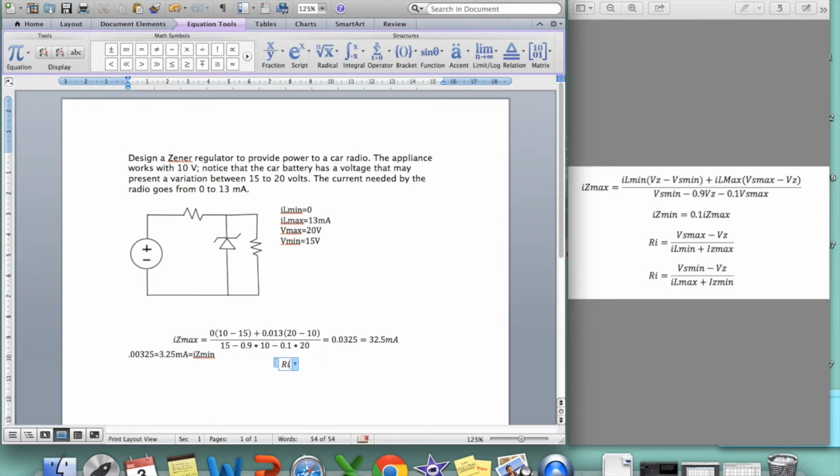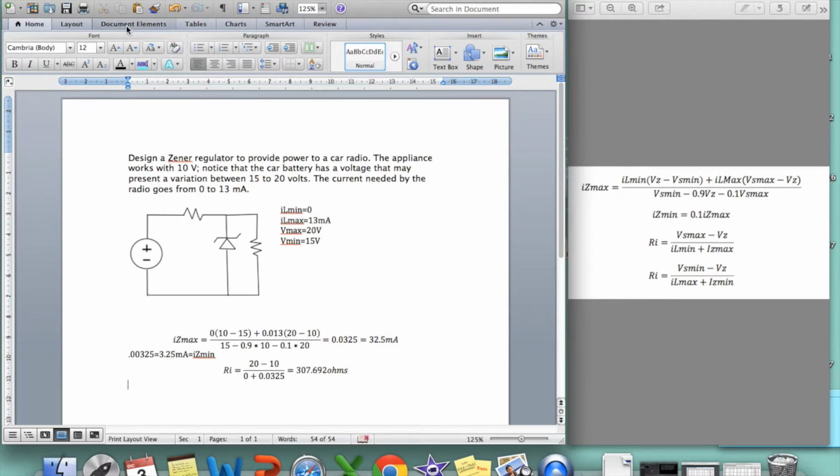Ri equals 20 minus 10 over 0 plus 0.0325. This equals 307.692 ohms.